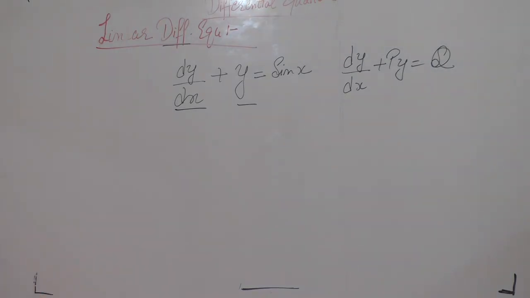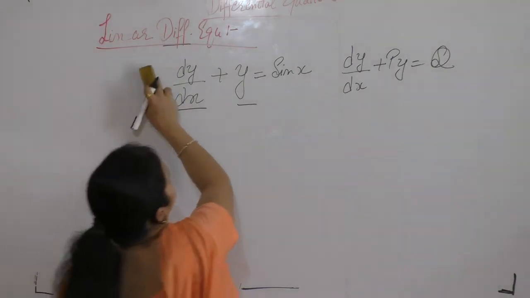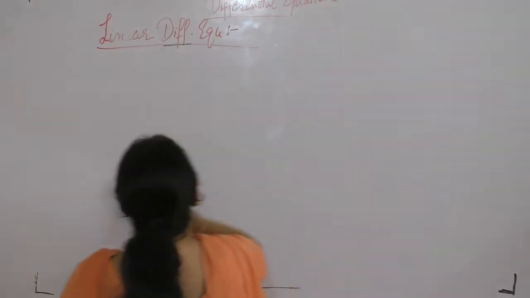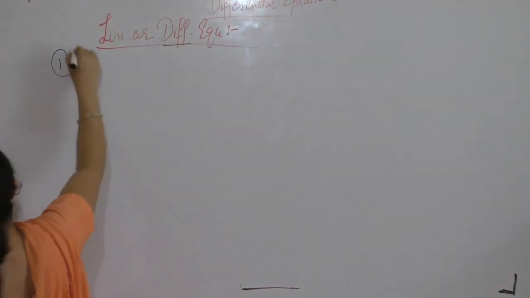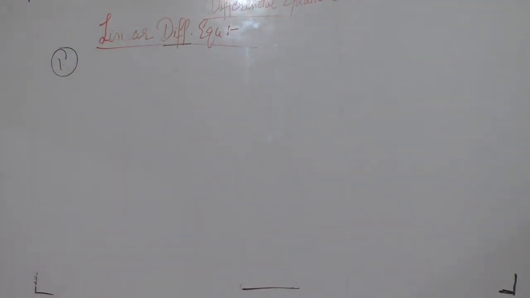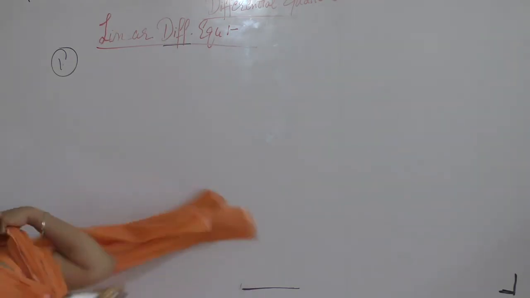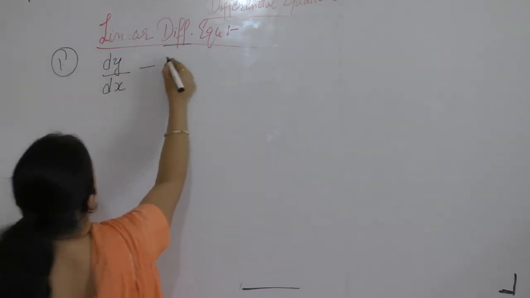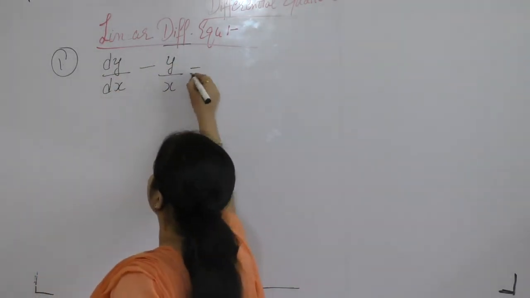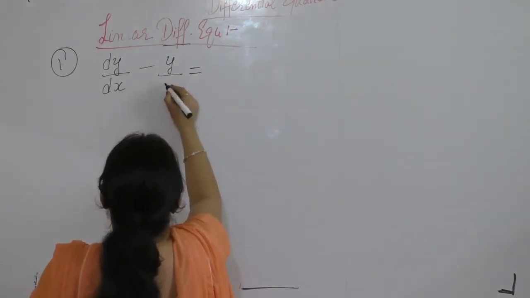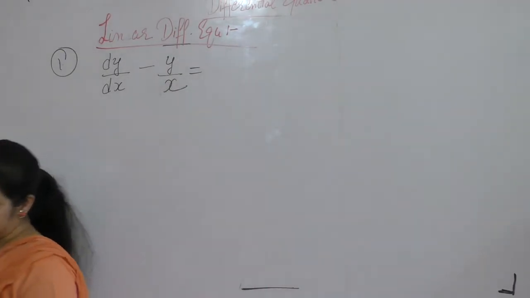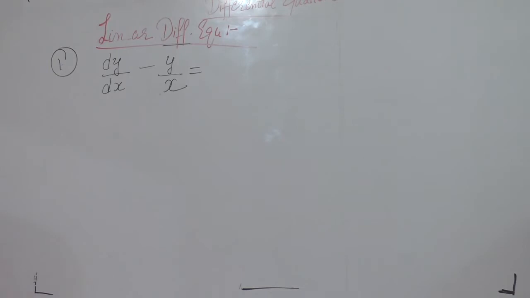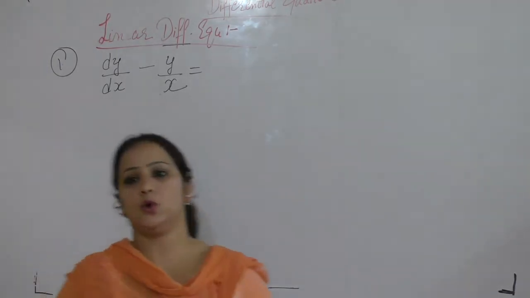Question number 1. Write down the statement. Solve the differential equation dy upon dx minus y upon x is equal to 2x square.